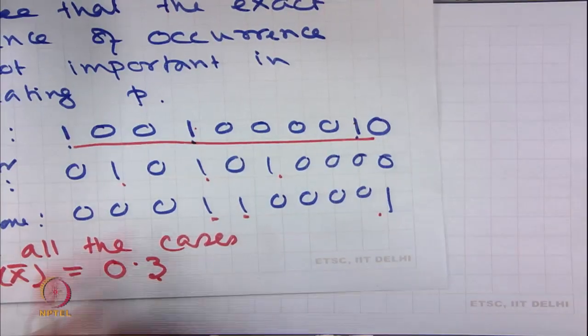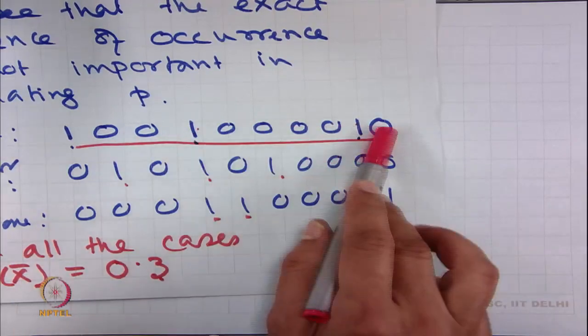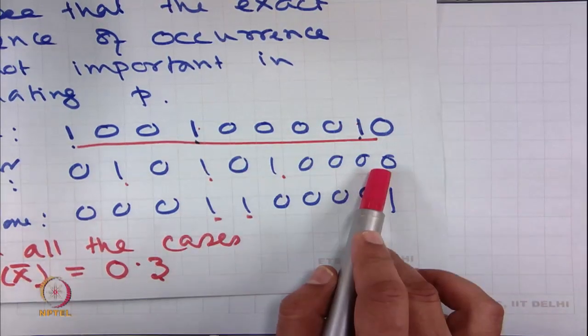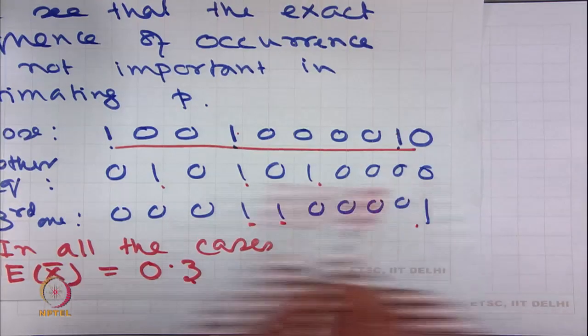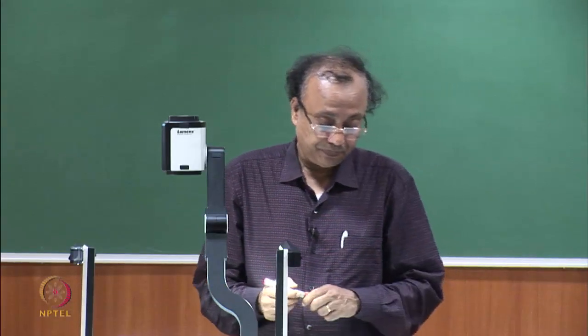What I need is only the sum of the observations, that is the number of heads that I found in the sample.